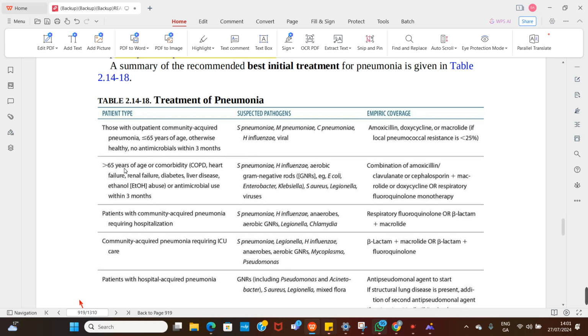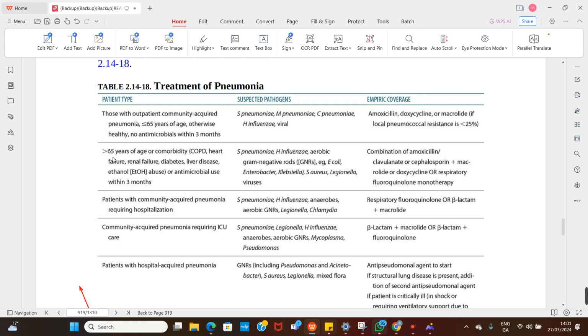If the person is more than 65 years, or the person is having comorbidities, right, then you still have to add something to all this MAD. So what I would advise you to just have at the back of your mind is that once you are saying that, okay, the individual is more than 65, you have done your stratification 0 to 1, outpatient, right?